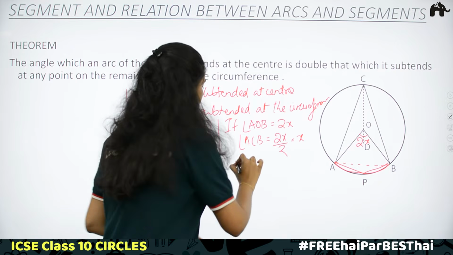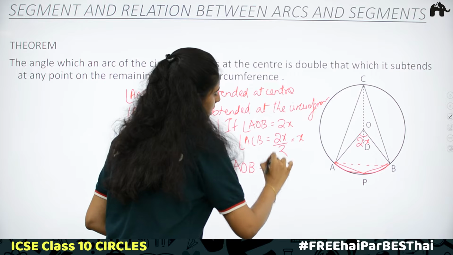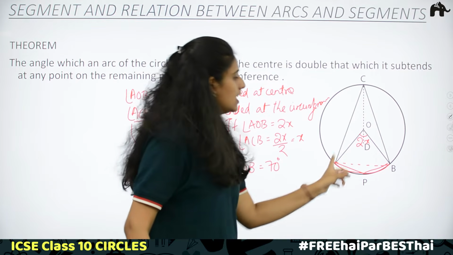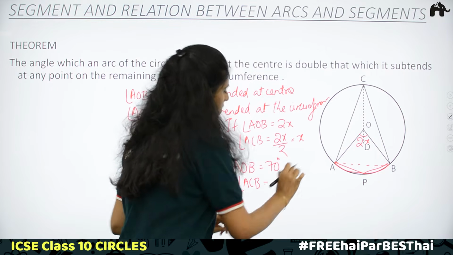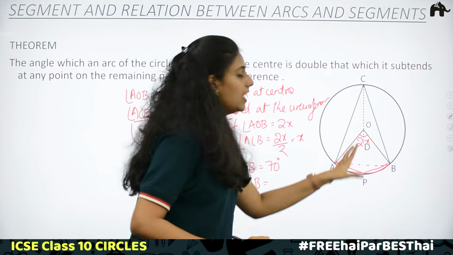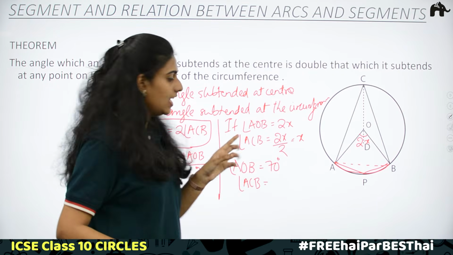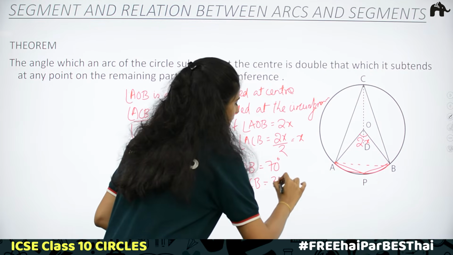If I give you angle AOB equal to 70 degrees, what is the measure of ACB? ACB will be half of AOB. Here AOB is 70 degrees, so ACB will be 70 degrees by 2, which is 35 degrees.